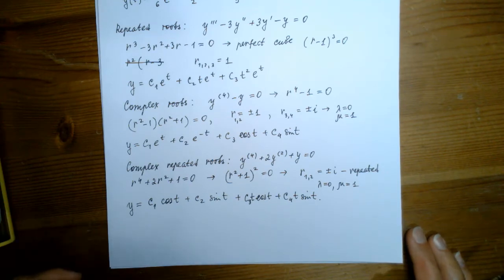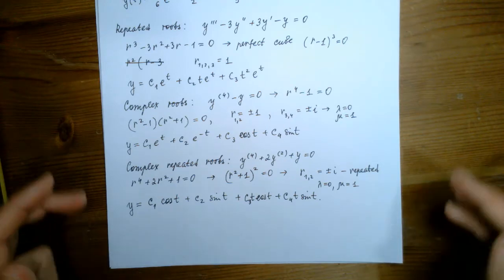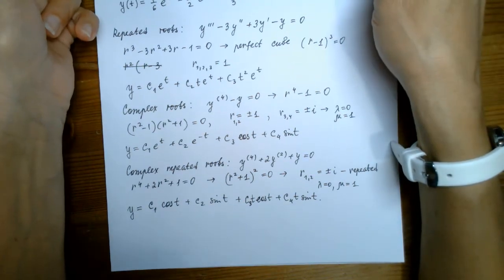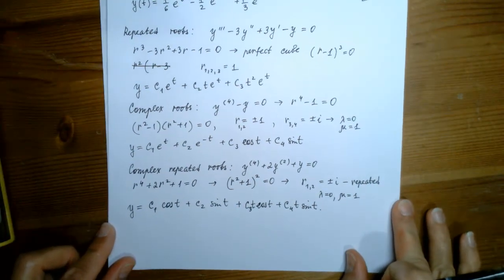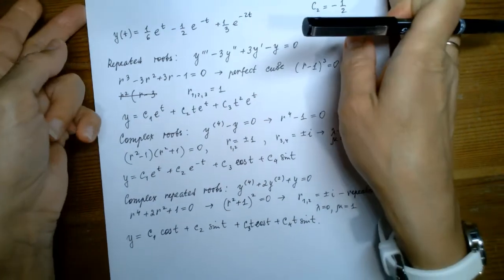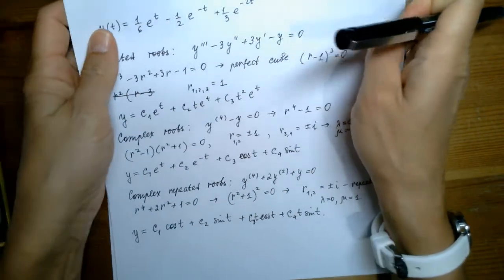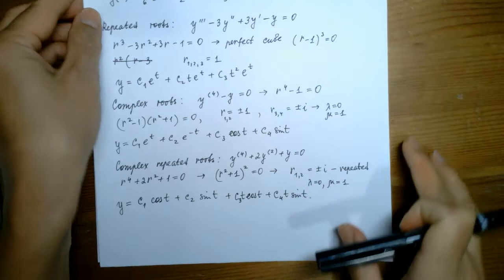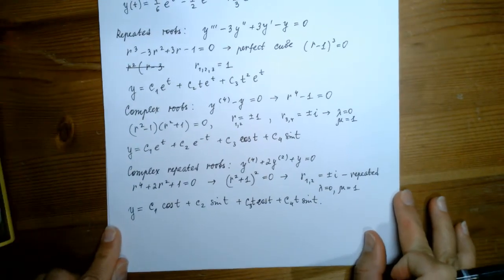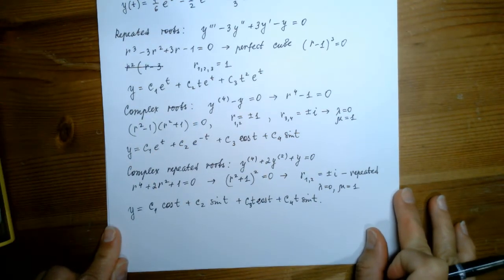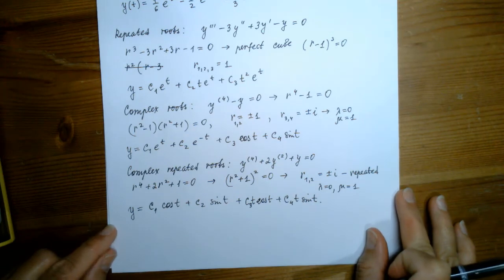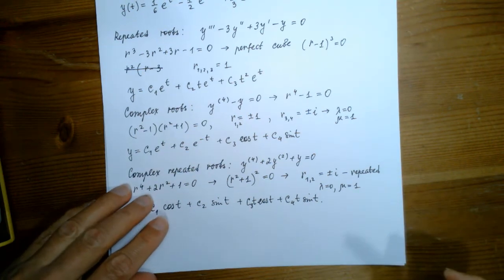Last thing I want to consider is when you have to extract several complex roots, where roots are not only conjugate, but you have to extract actually complex roots. Let me just show you an example. Maybe I should move to a different page.